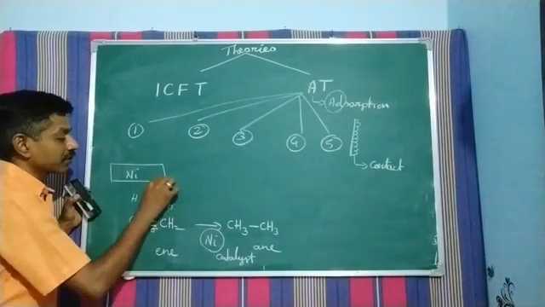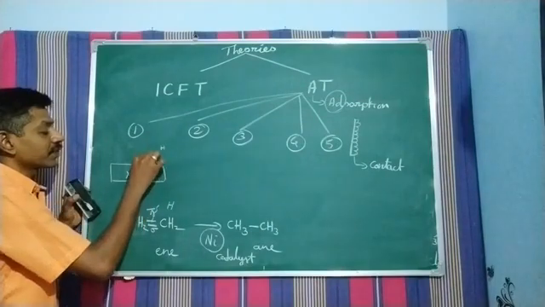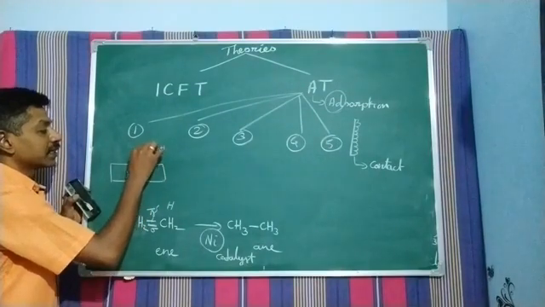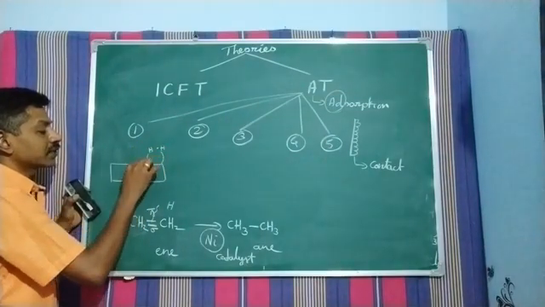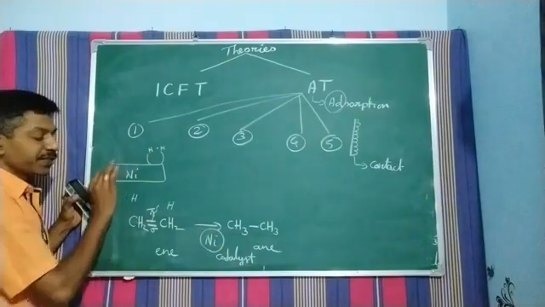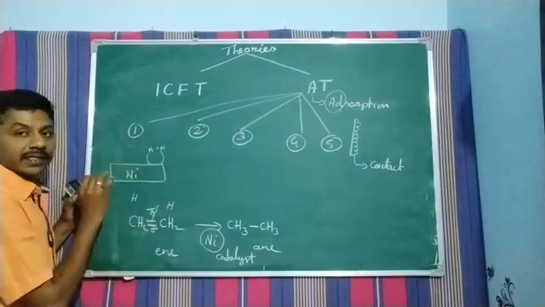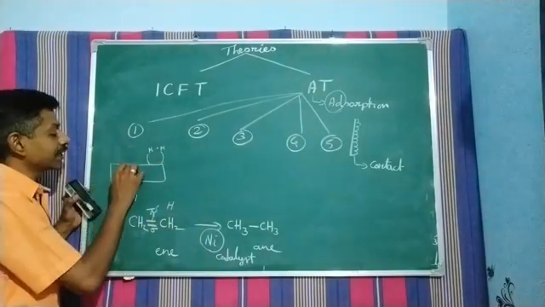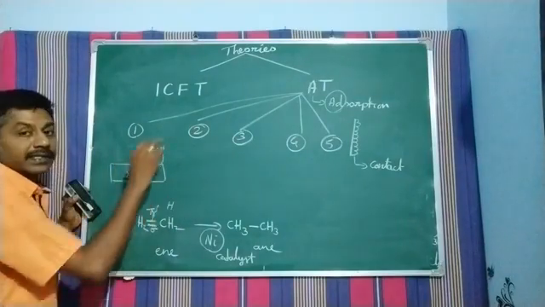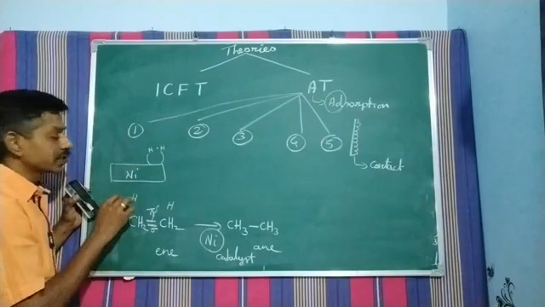So hydrogen is available onto the surface of the nickel, it gets connected to the nickel surface. So the first step is diffusion of the reactant towards the surface of the catalyst. So they come in contact, that's why it's called a contact catalyst reaction.